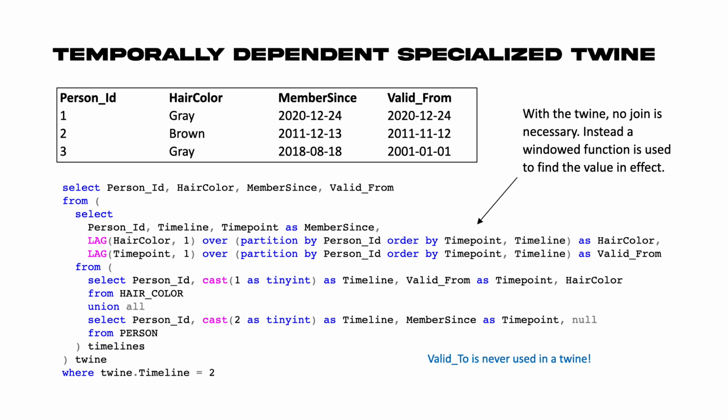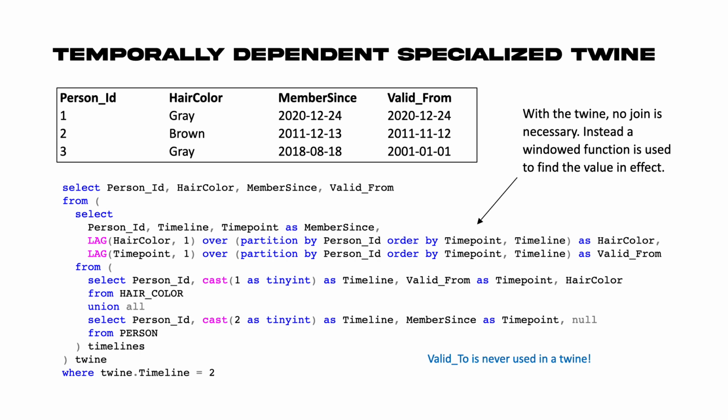Both have person ID. They have a number that is the timeline. They have the valid from, which is the time point in one of the timelines, and the member since, which is a time point in the other timeline. The hair color timeline will have hair color as values. There is no hair color in the person table, so I'm just going to add a null value in that case. And by doing this, we can use a lag operation.